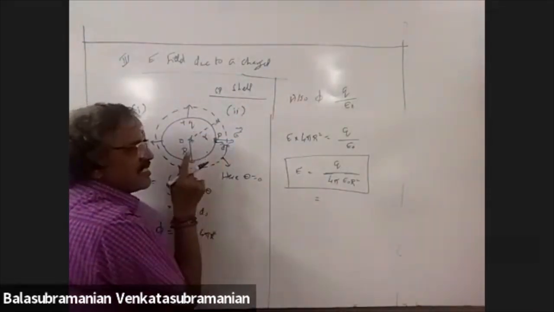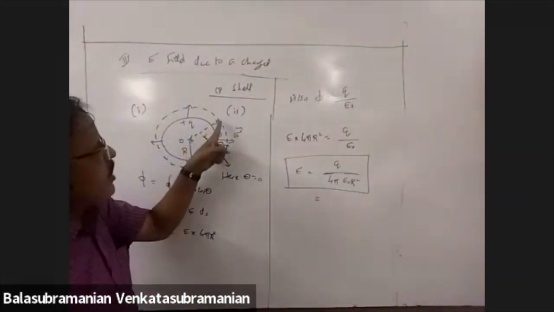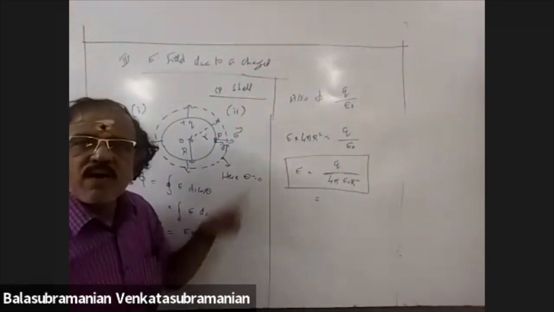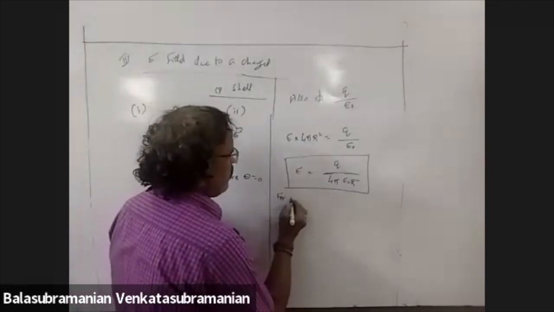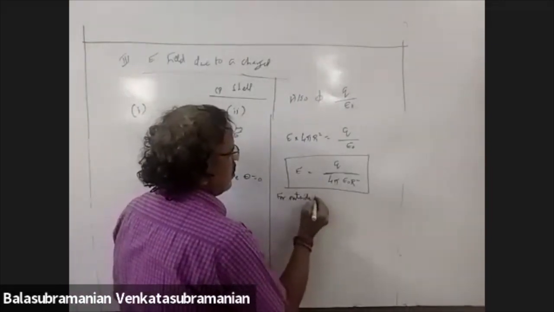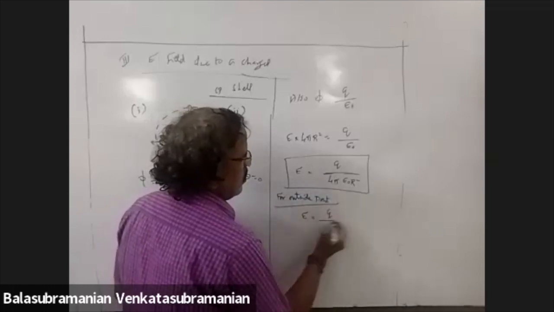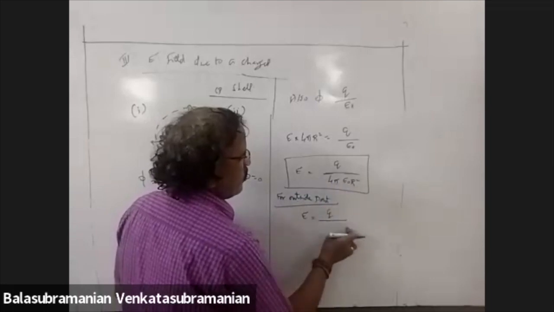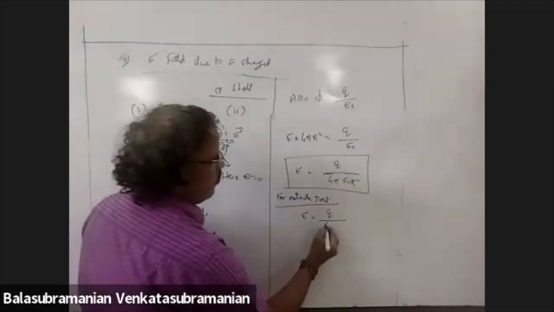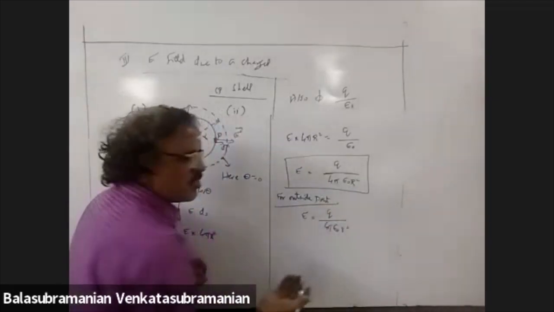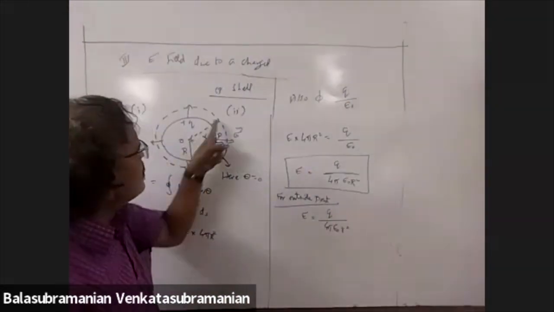Just touching the surface it is capital R, but for the outside point the distance you are considering is small r. So E is equal to Q by 4 pi epsilon naught r square. Same concept, only the distance is changed to r.